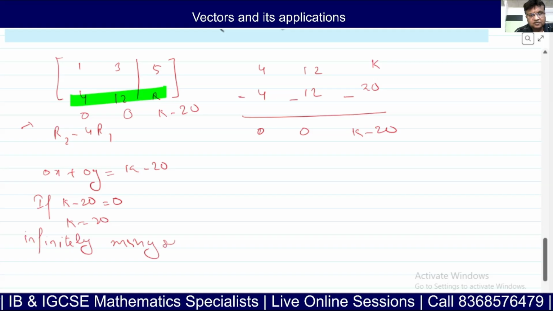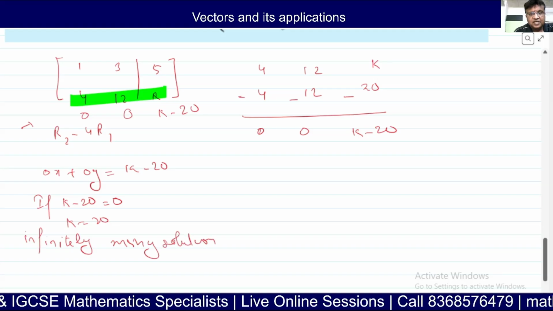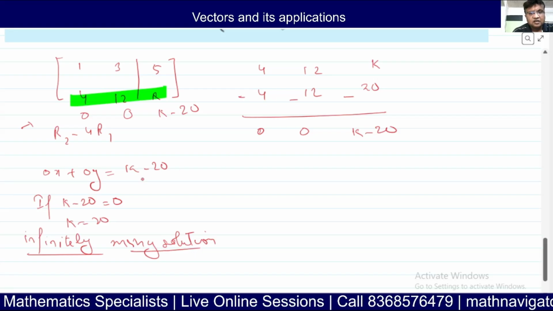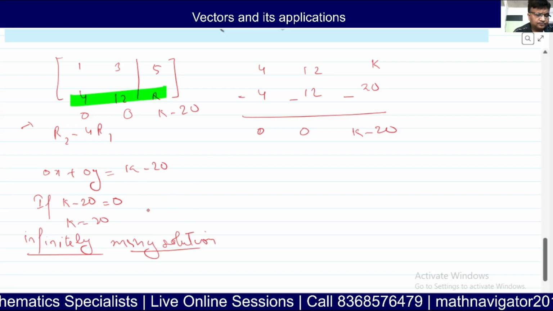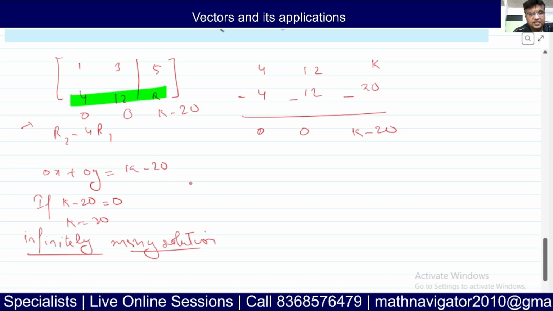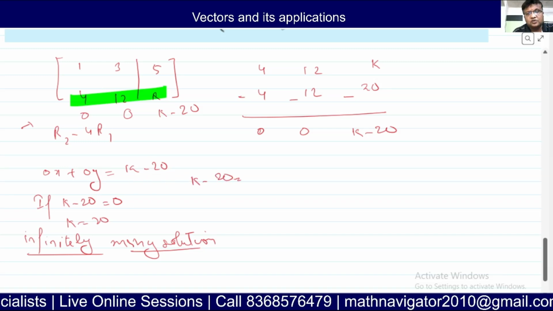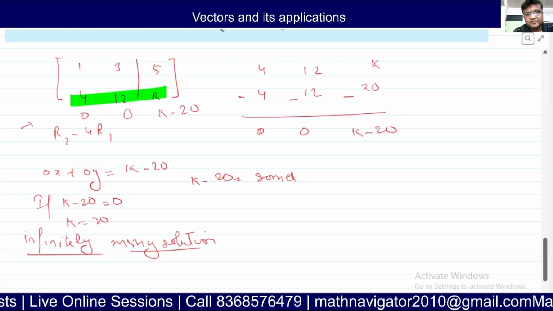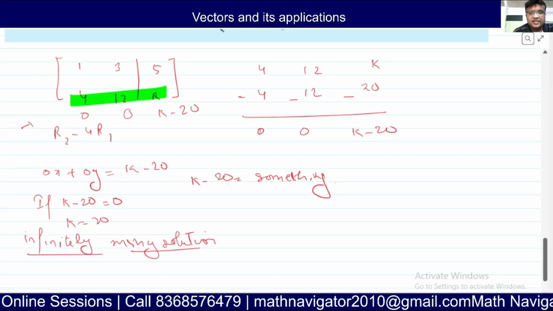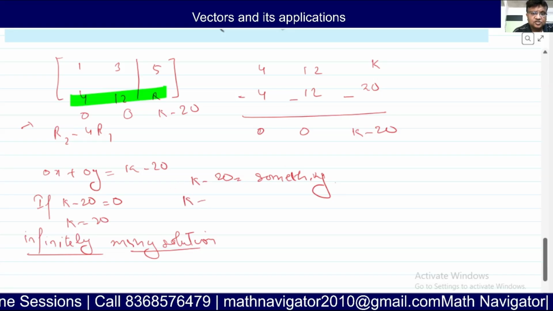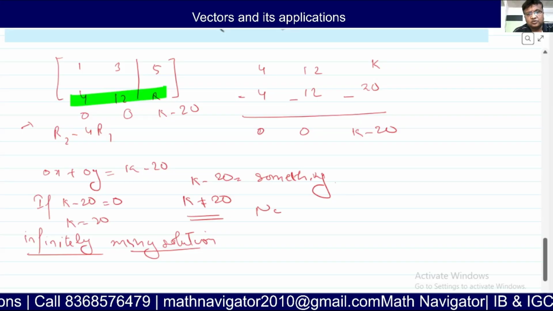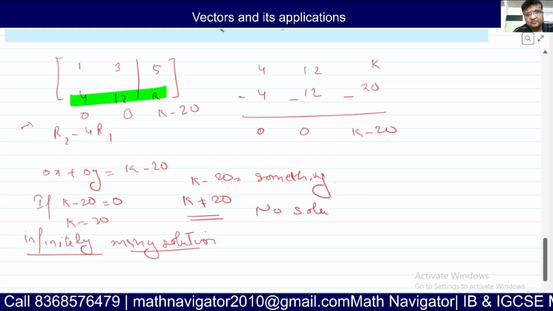But if this k is not equal to 20, that means k minus 20 is equal to something nonzero, right? If k minus 20 is equal to something, that means k is not equal to 20, then there are no solutions. Got it?